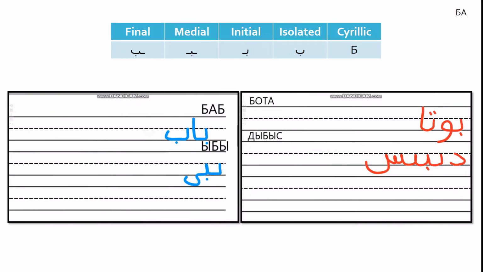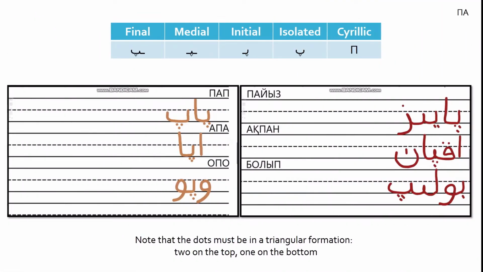Next is the letter pa, which corresponds to the Cyrillic letter pe. This is exactly like ba, but with 3 dots instead of 1 dot. The 3 dots are in a triangular formation with 2 above and 1 on the bottom. Let's see how it's written.